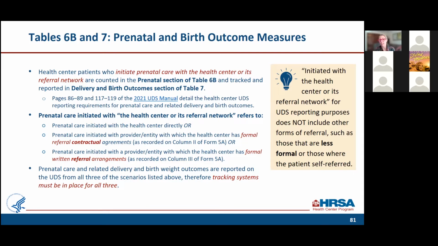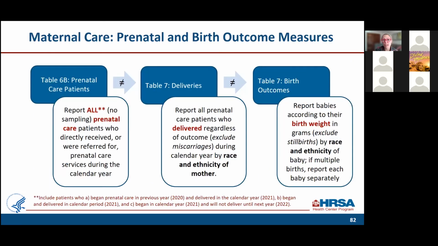So care and outcomes need to be tracked and reported for all health center prenatal patients. The prenatal and birth outcomes measures are reported across 2 tables. It's really important to understand that they're related to each other. So it helps to look at these two together.